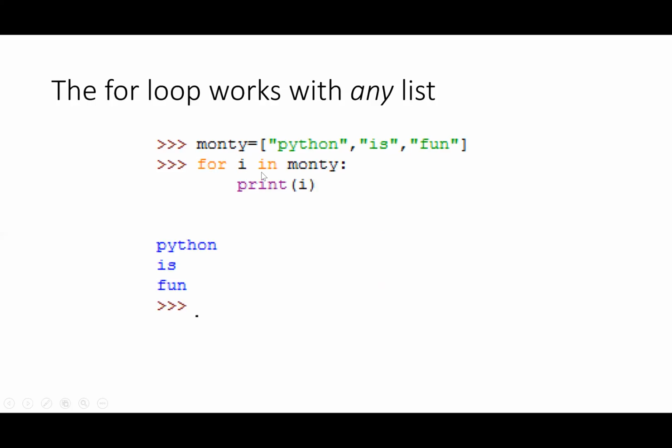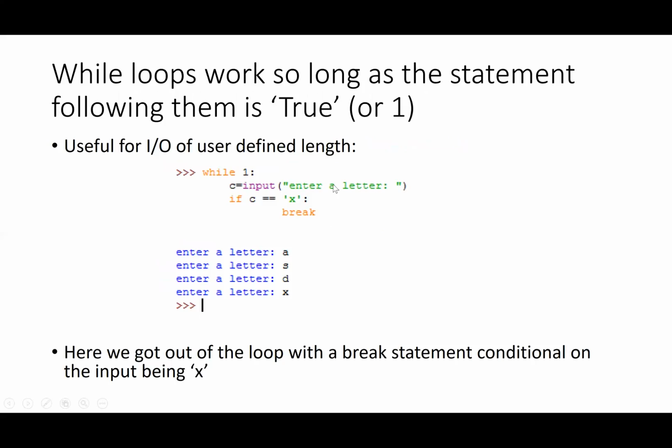And then for i in Monty, colon, so this is my for loop, print i, offset by the tab, and then a couple of returns to get back to this side and run it. And sure enough, i equals Python, it prints Python. i equals is, it prints is. And i equals fun, it prints fun. Very powerful, and not a feature that's easy to program in other languages.